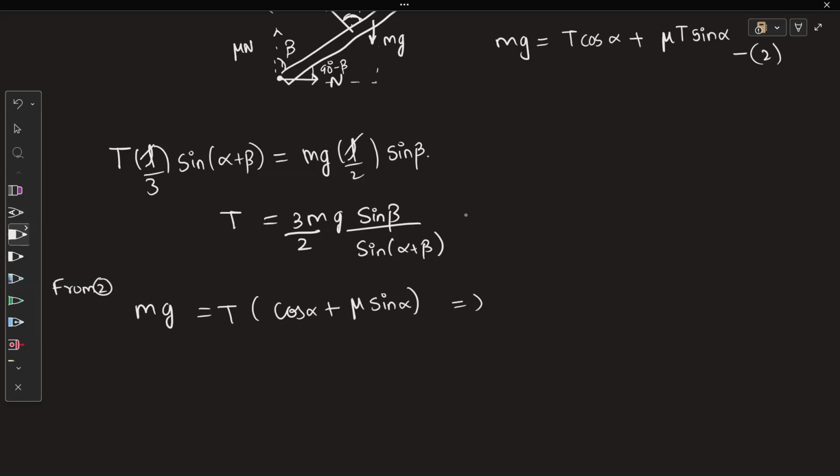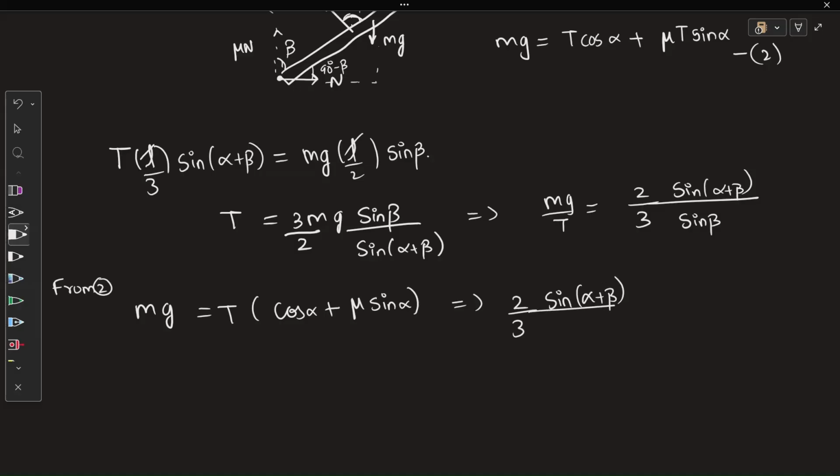So here we take mg by T as 2 by 3 sine of alpha plus beta by sine beta. 2 by 3 sine of alpha plus beta by sine beta is equal to cos alpha plus mu sin alpha.